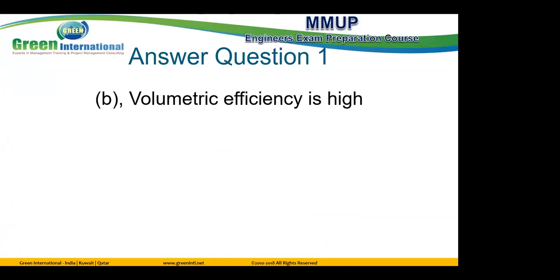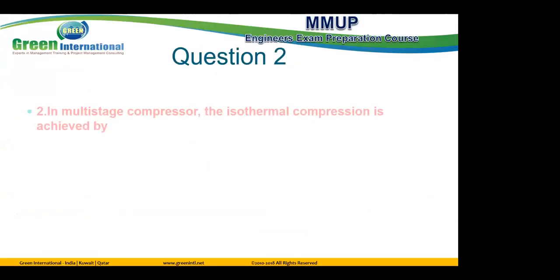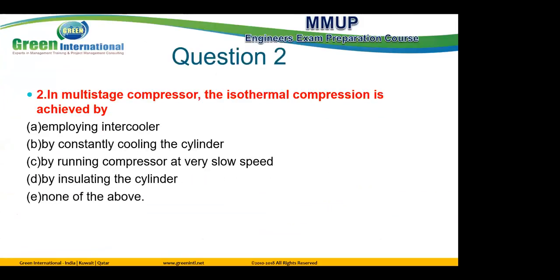Kinetic efficiency is high. For multi-stage compressor, the isothermal compression is achieved by C, running the compressor at very slow speed. Yes, correct.